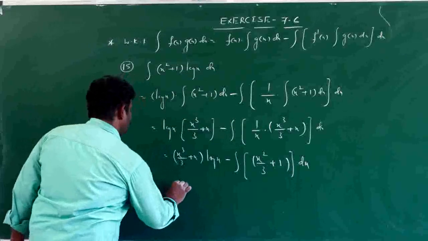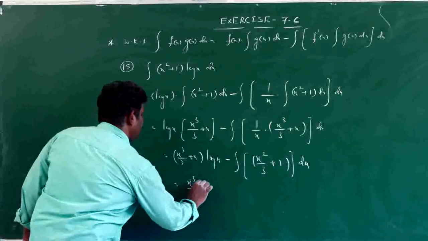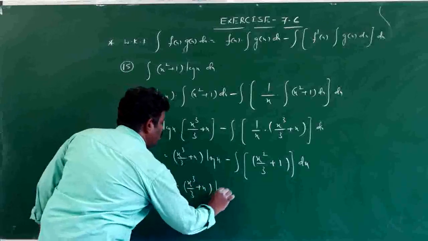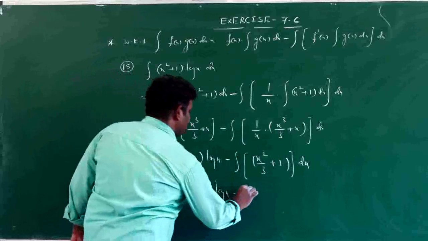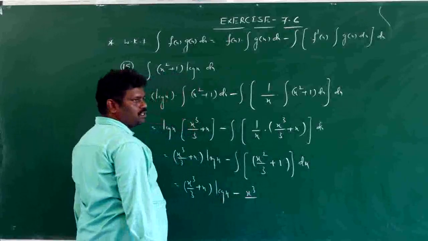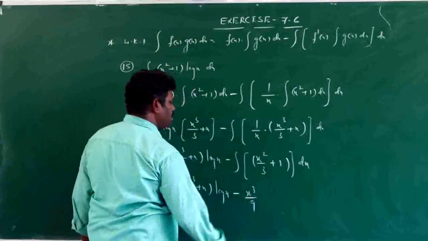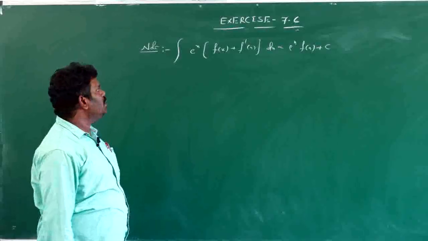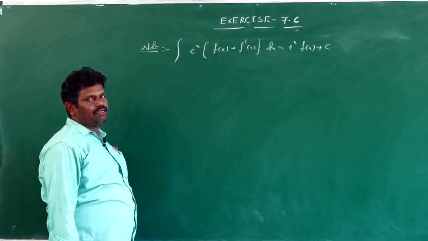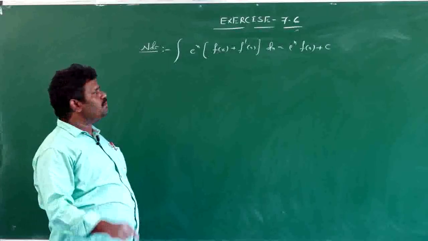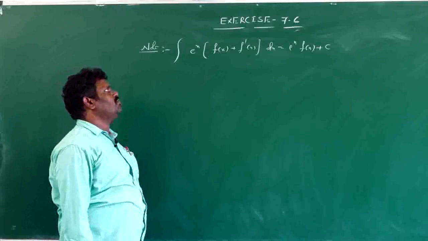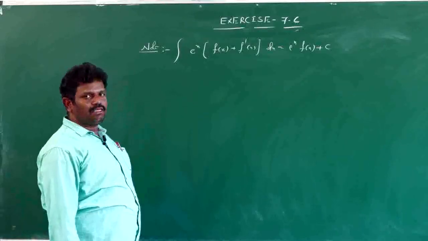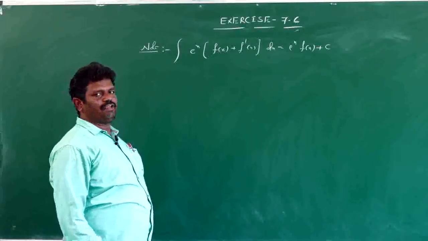Finally (x cube by 3 plus x) into log x minus x cube by 9 minus x plus c. Here is another formula, important for CET also: integral of e power x into (f of x plus f dash of x) dx is equal to e power x into f of x plus c.